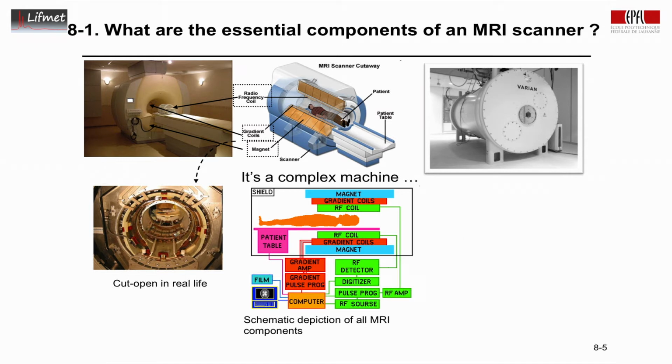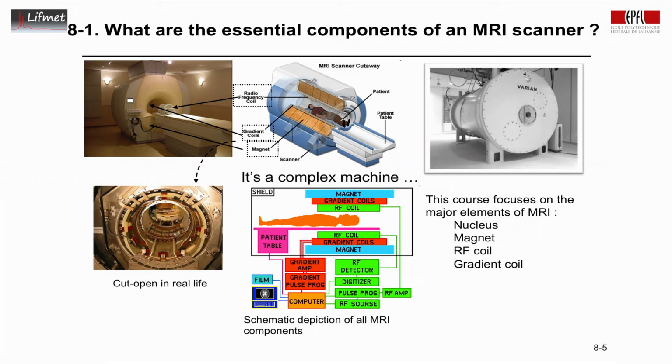However, we will not focus on all the aspects of what's involved in running an MRI scanner. We'll touch upon them where necessary to understand a few of the consequences, but we'll not go into every detail. What we will focus on is the major elements of MRI, and that is the nucleus. We'll focus on the magnet, we'll focus on the RF coil, and we'll focus on the gradient coil.